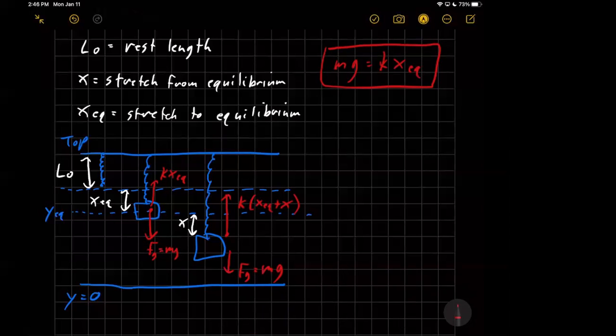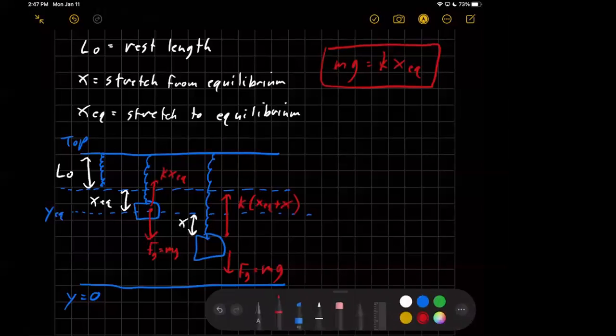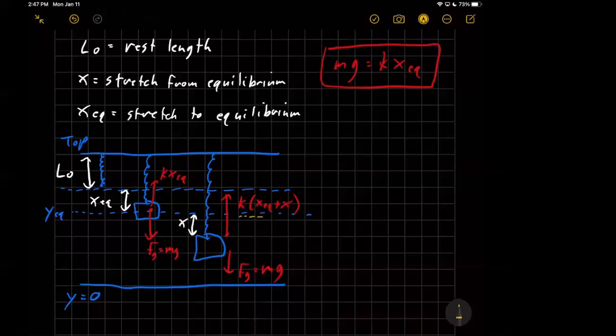Now, it'll continue because it will have velocity, or kinetic energy, when it reaches equilibrium. It will pass through equilibrium, and then it will be above equilibrium. When we get to that point, K times (XEQ plus X) will actually be less than mg, and it will want to come down again. So remember, at equilibrium is where these forces completely balance.